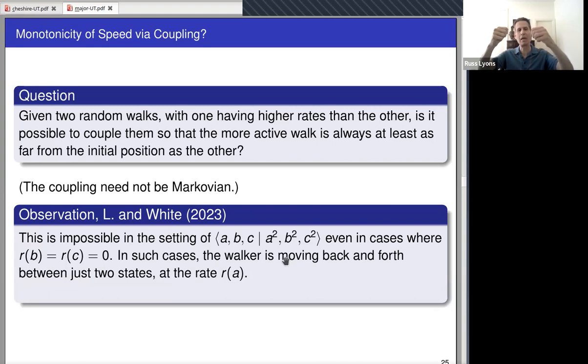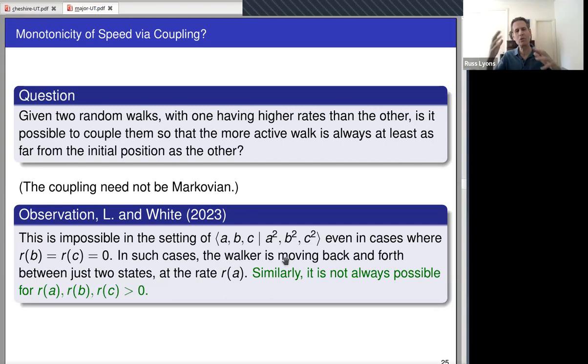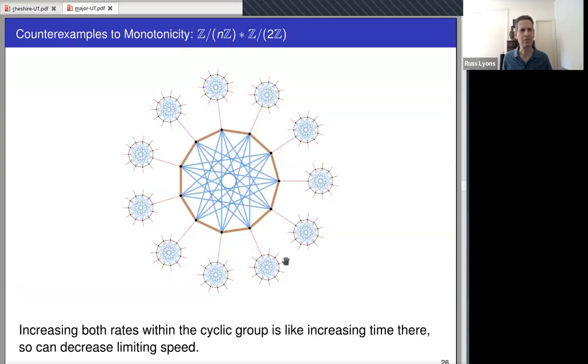That's going to be extremely unlikely if the active one is very active. And in fact, if you choose the rates and choose the right time, you can show it's not possible even when all the 3 rates are positive. So that sounds not good. You can't do such a coupling proof.